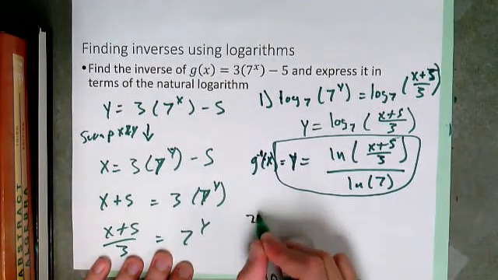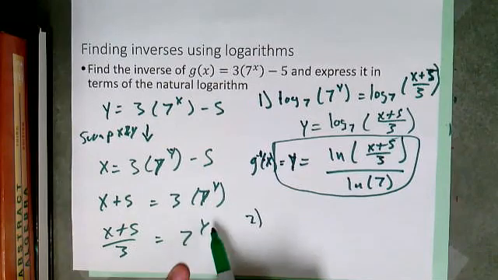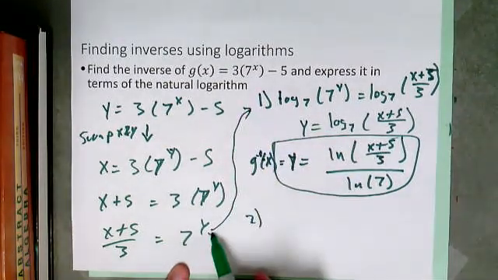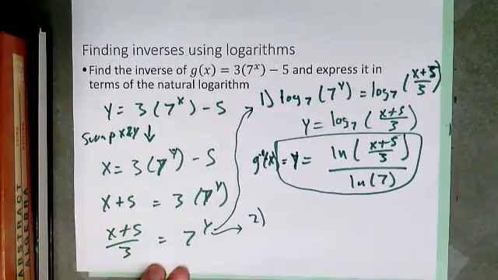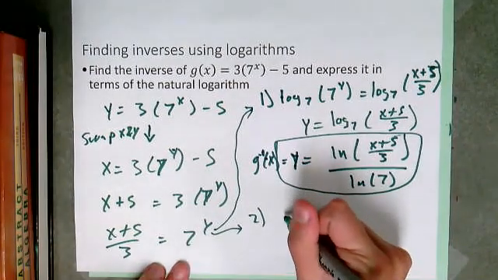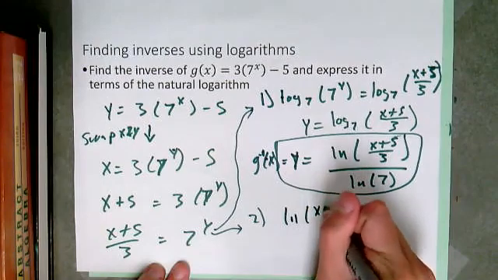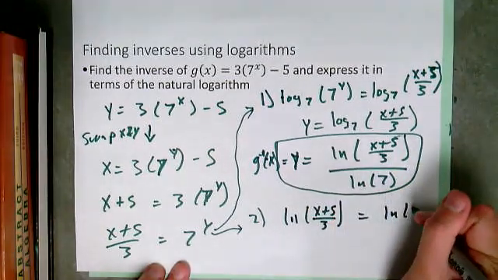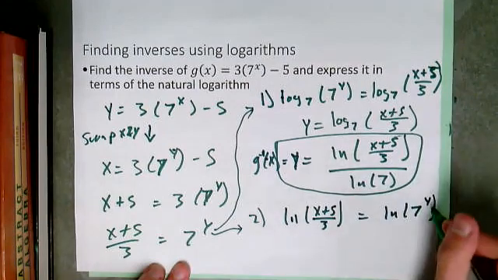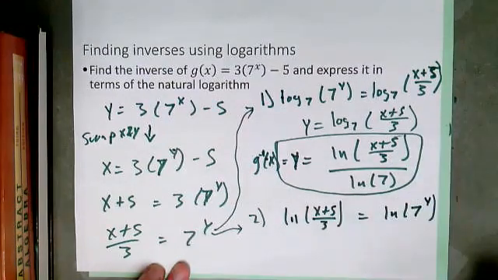Now, the other thing you could do, from here we can go one way or we can go this way. And it's basically take the natural log right off the bat. And so you would have natural log of (x plus 5) over 3 equals natural log of 7 to the y. The y still comes down.